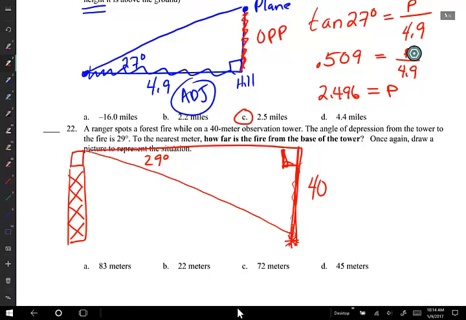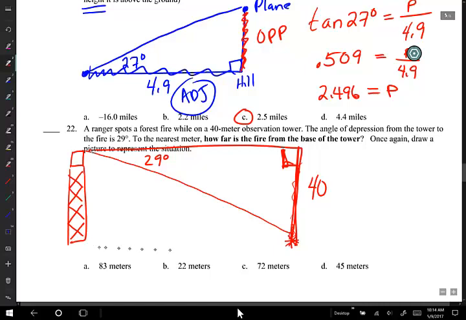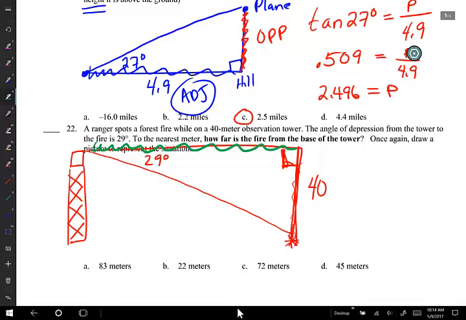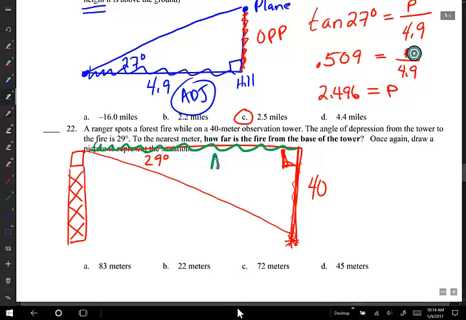I want to find out how far along the ground he has to run. Now that's the same thing as this distance up here, so I'm just going to highlight that in green. What is the green squiggly line with relationship to the angle? Is it adjacent, opposite, or hypotenuse? It's adjacent. This one is opposite.